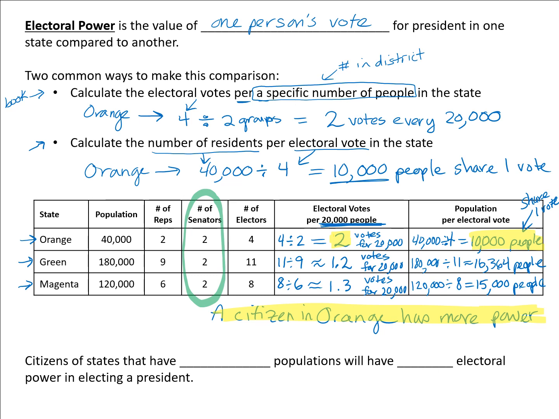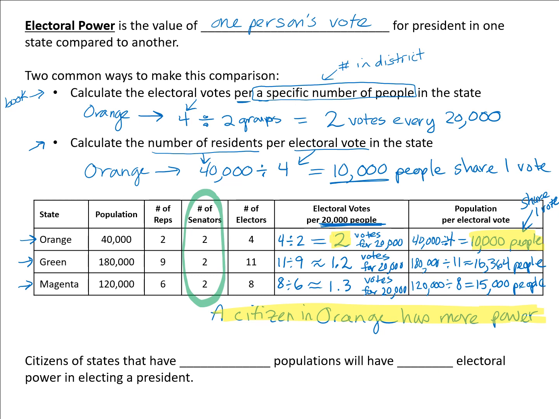Whereas in the state of Green, there's 90,000 people for every senator that the state has. So the fact that you have senators not based on population influencing how many electors each state has is what makes the power between the states differ in terms of the Electoral College.